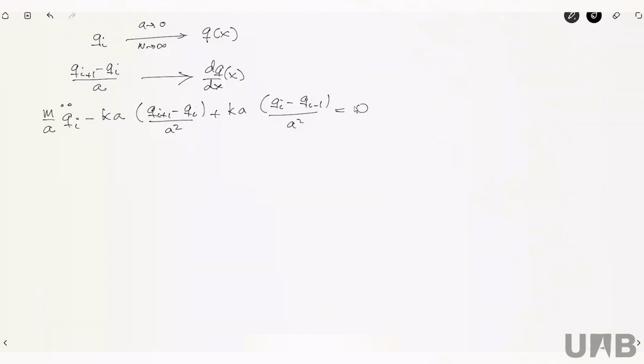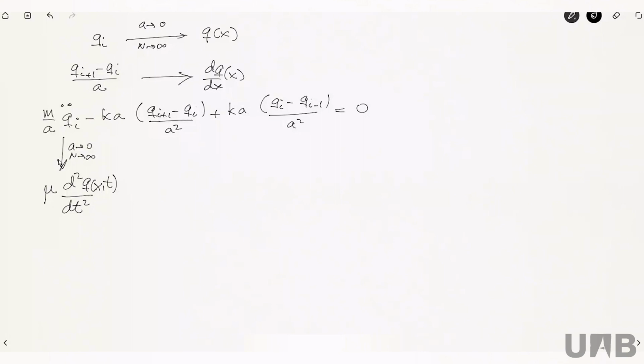This is 0. So let's take the limit when a goes to 0, n goes to infinity. So this goes to mu times the second derivative of q with respect to time. Here there is no issue. This is going to be a function of x and t. The discrete version is obvious: just x gets replaced by i, and that's it.